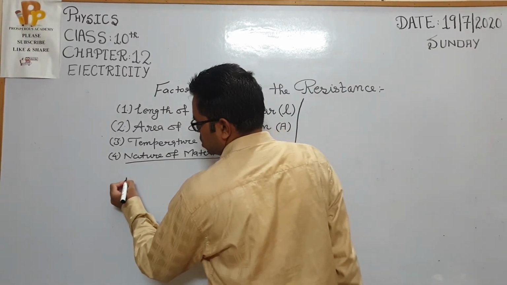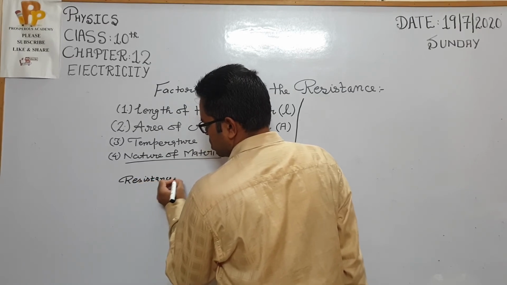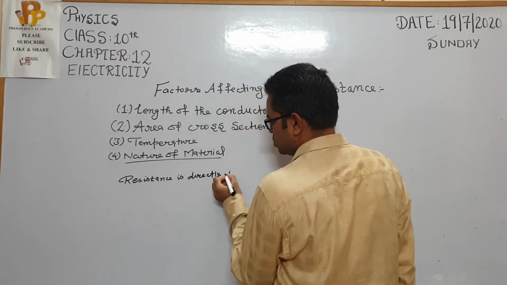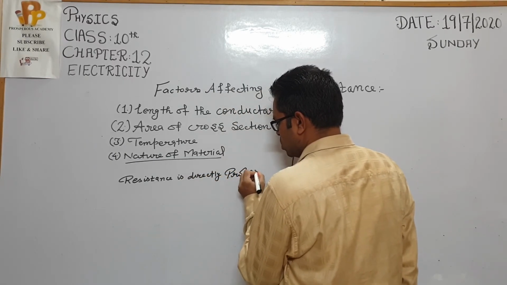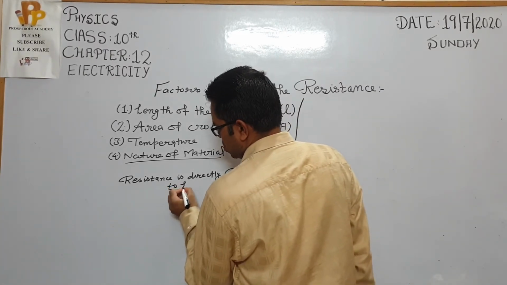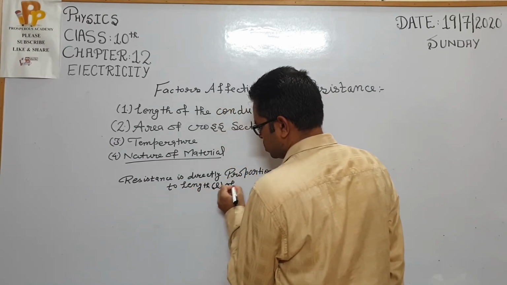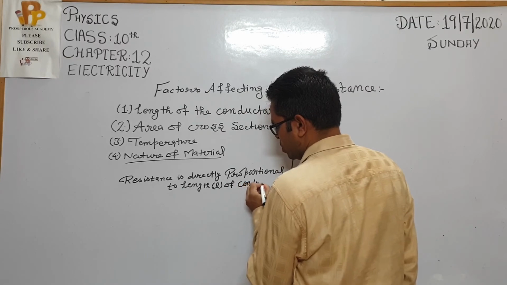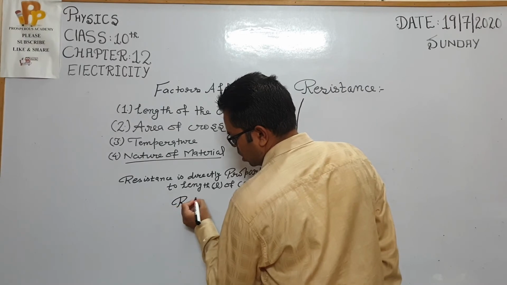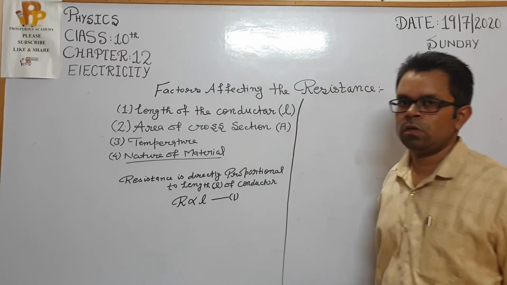Write down. Resistance is directly proportional to length, that is L of the conductor. Or you can write it as R is directly proportional to L. Just mark it equation 1.